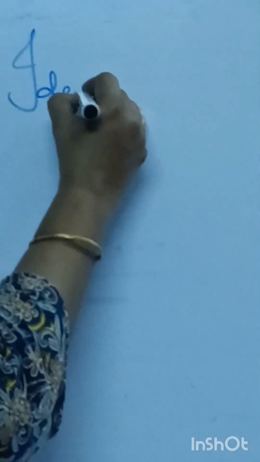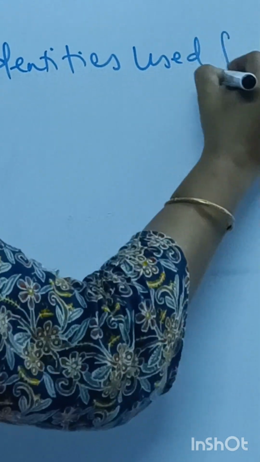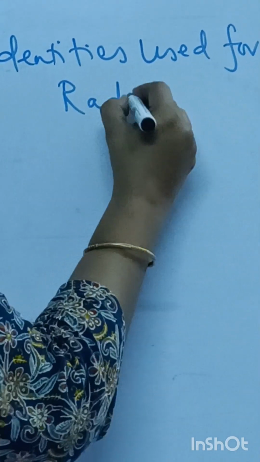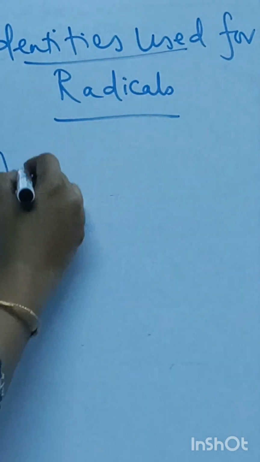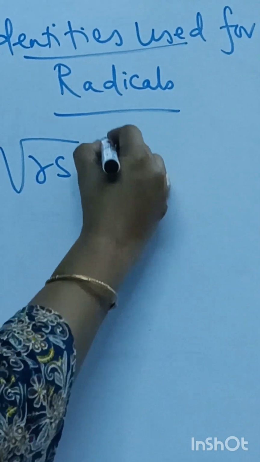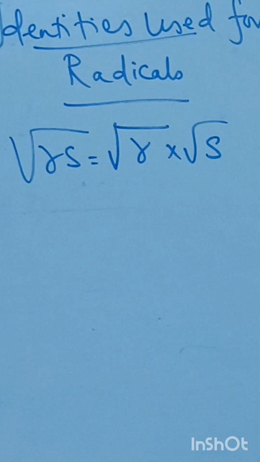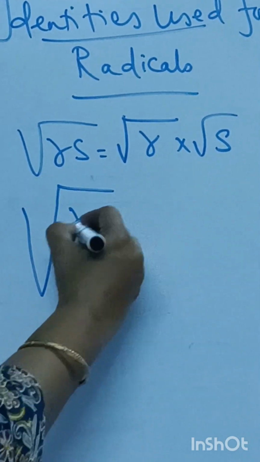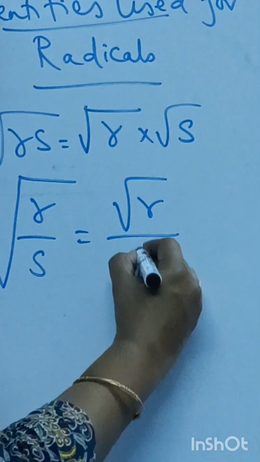Now we will see identities used for radicals. Root of rs is equal to root of r into root of s. Root of r by s is equivalent to root of r divided by root of s.